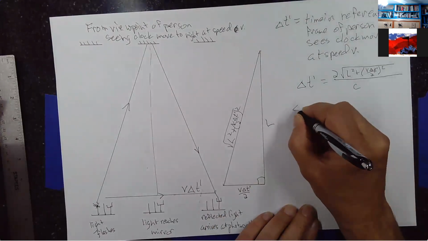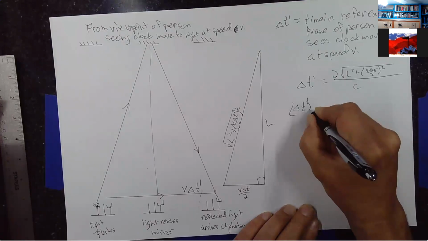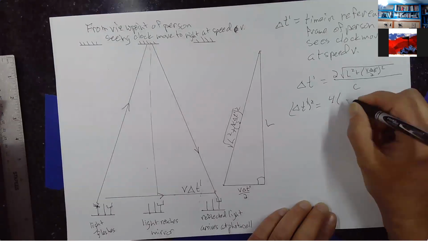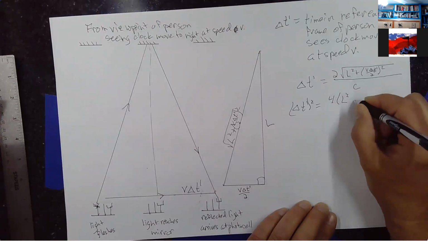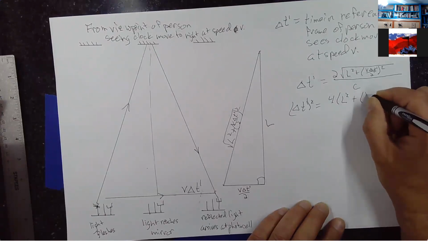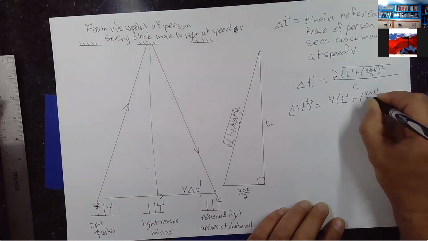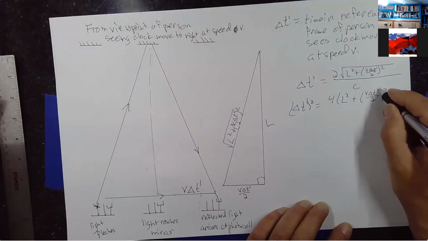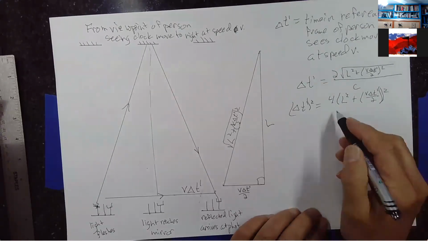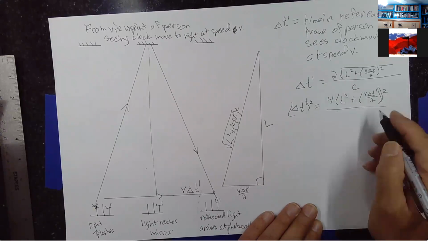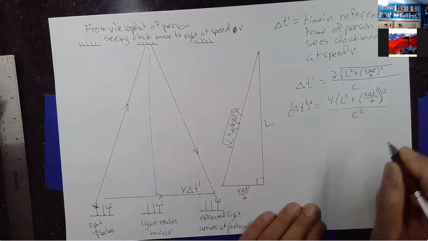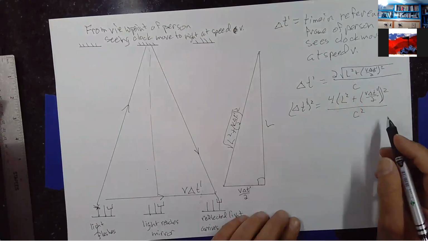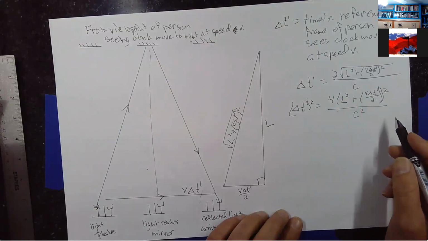And so delta t prime squared is going to equal 4 times L squared plus v delta t prime over 2 squared. When you square a square root, you just get what's inside of it. The 4 is from the 2 that was in front. And then on the bottom, I've got a c squared here. And let's see, try to isolate this term here.